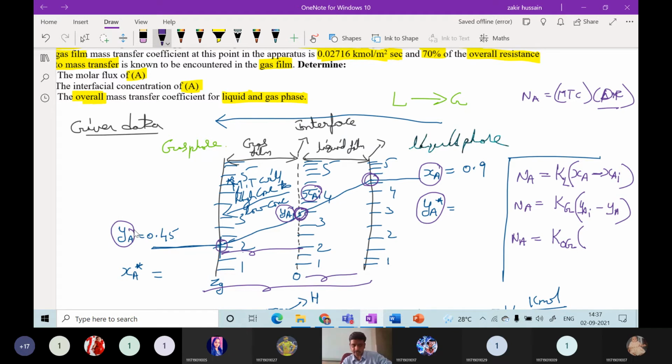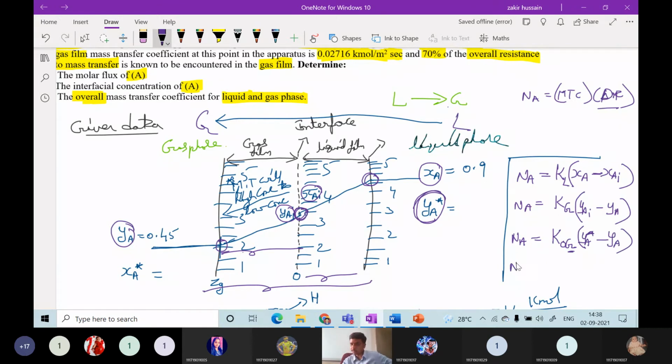It is coming from liquid to gas, reverse direction. So in this region, the overall driving force is from YA star. For the gases, mole fractions are denoted by Y. YA star is the bigger value minus the smaller value YA. So this is YA star minus YA.